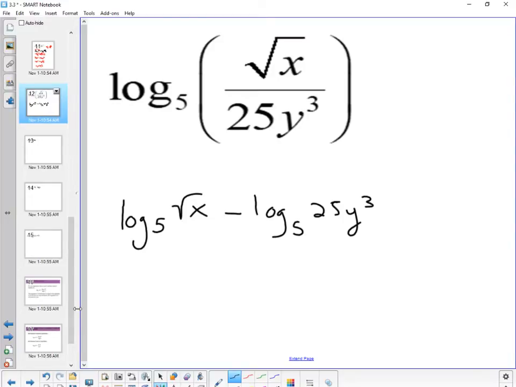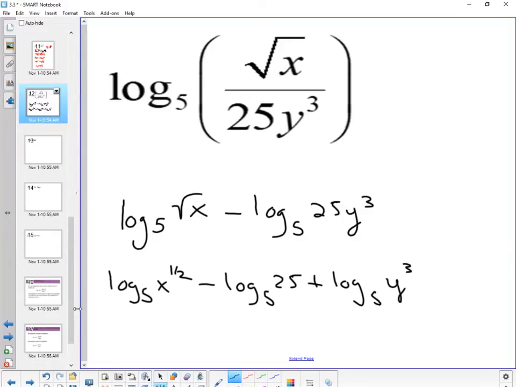First step good? Yep. Okay. Because you're multiplying the 25 and the y. Oh, I see.